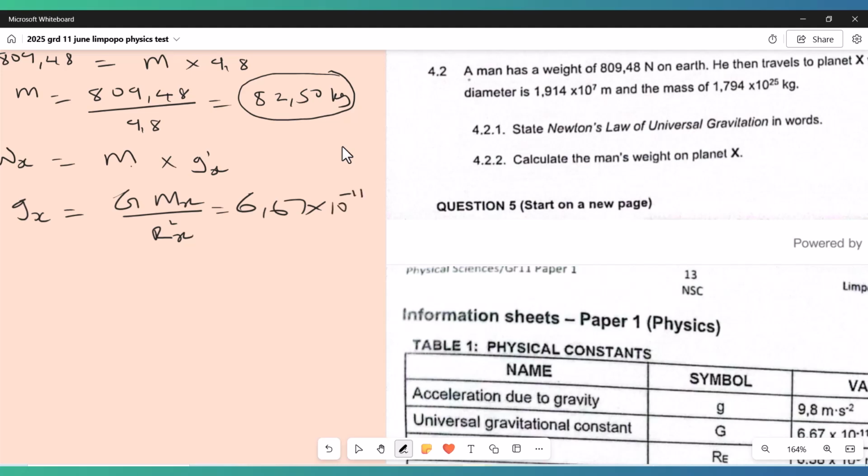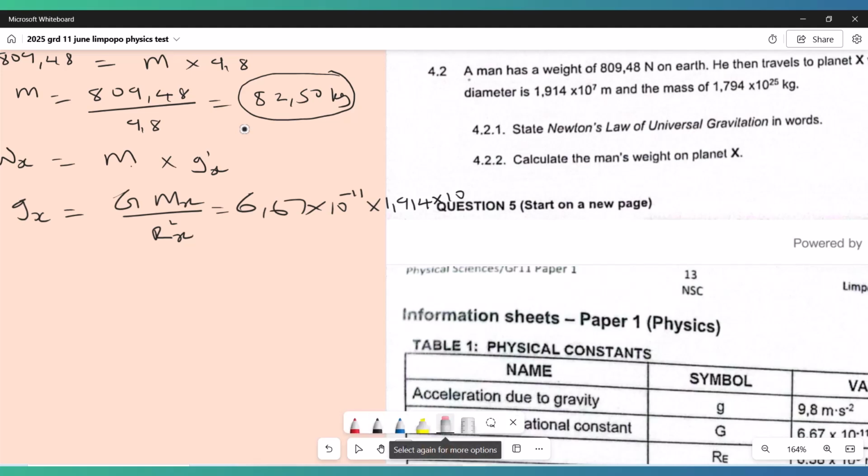Then times the mass of planet X. Sorry, that's not the mass.